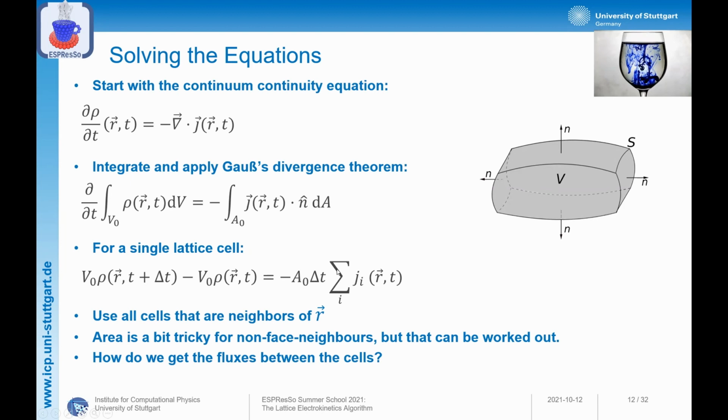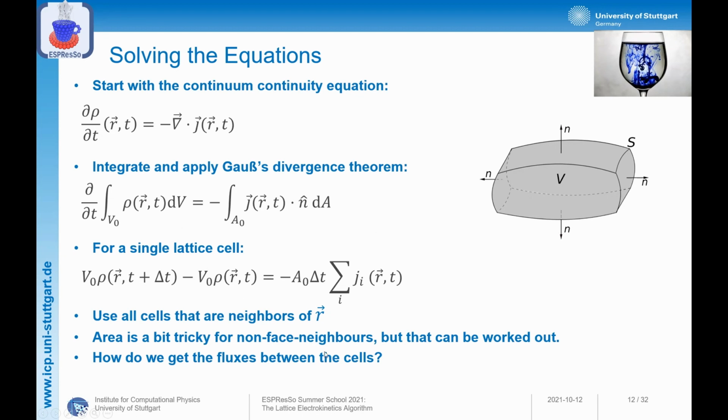Of course, if we say we have fluxes to all our neighbors and we have some kind of an area here, it gets a bit tricky if we talk about neighbors that are not face neighbors. So if you think of a dice, you think of the 6 obvious neighbors on each face, but then you can also put neighbors in the corners and along the vertices.